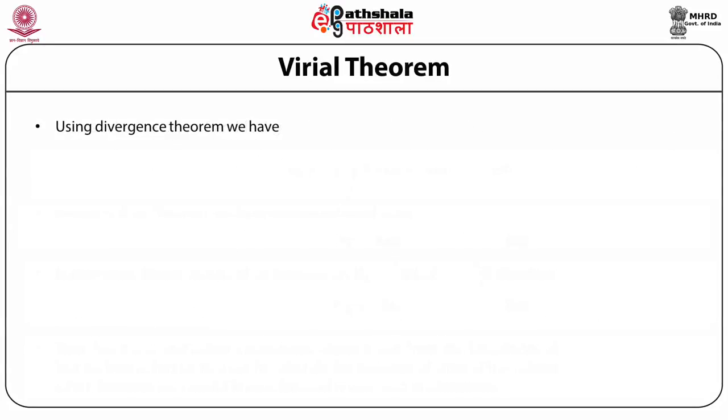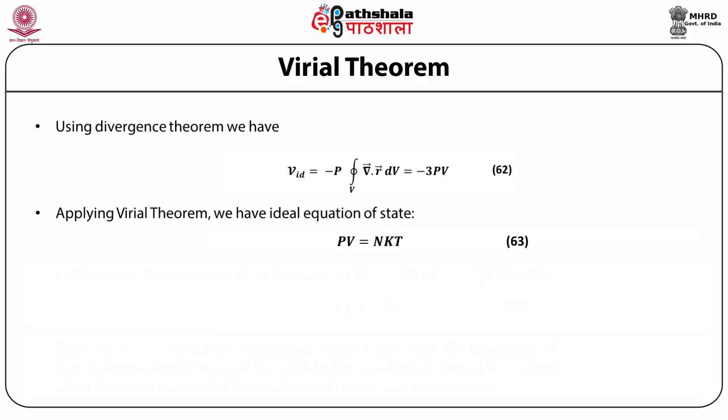Using the divergence theorem, we have the virial of an ideal gas equal to minus P integrated over the whole volume of the divergence of r, equal to minus 3PV.